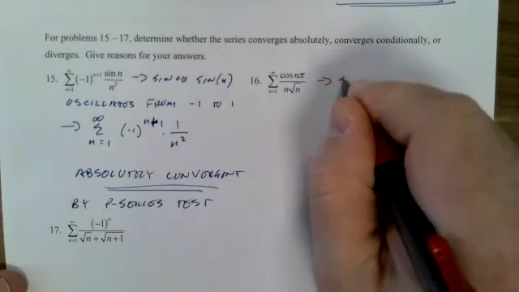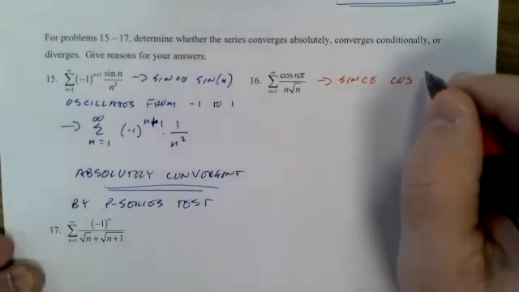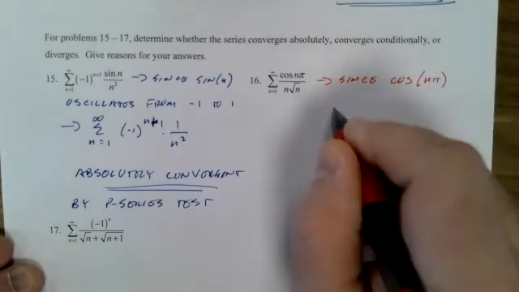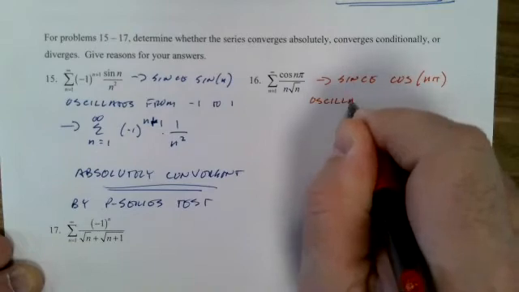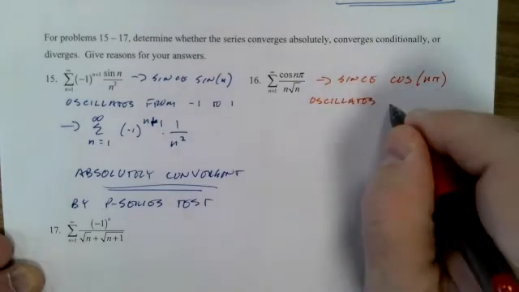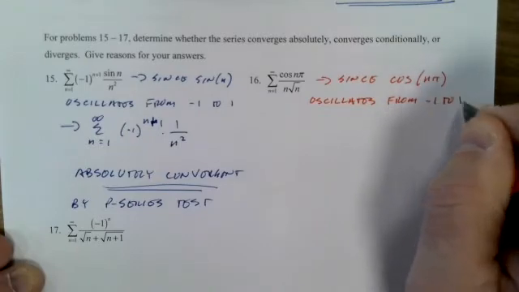Same kind of deal here, since cosine oscillates from -1 to 1.